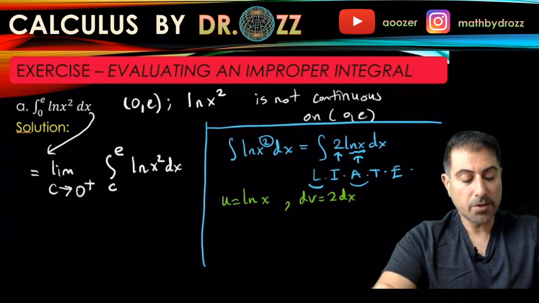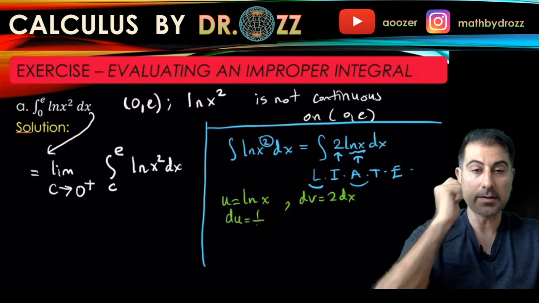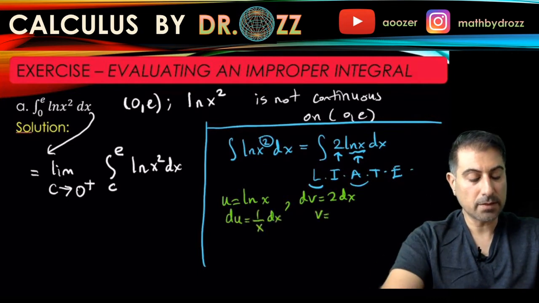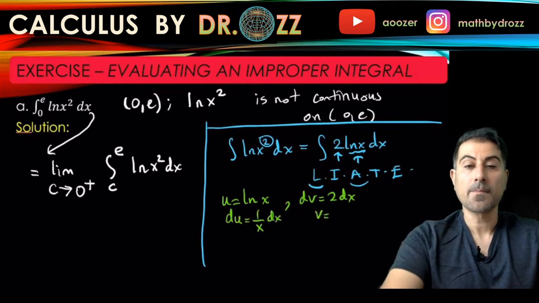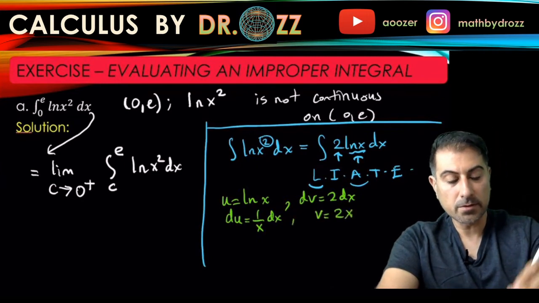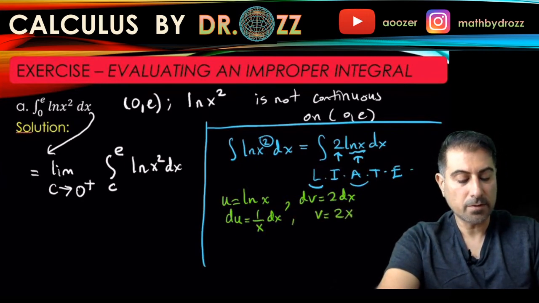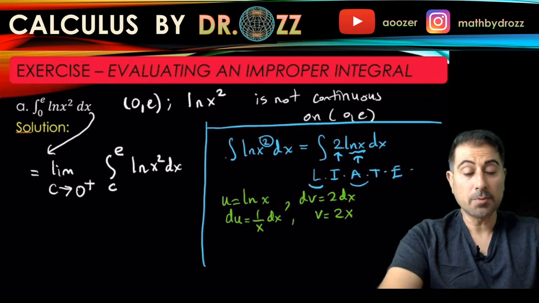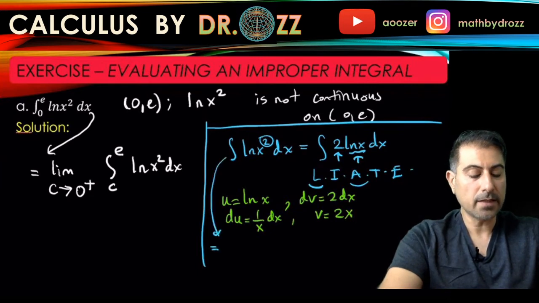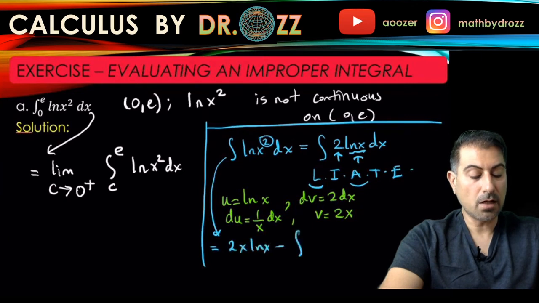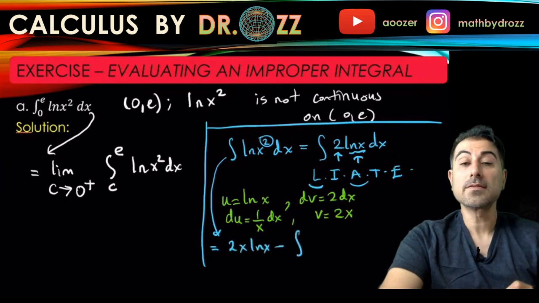For this, I need du. That's 1 over x dx. And v is the antiderivative of 2. That is 2x. All right, this integral turns out to be uv, so 2x ln x minus the integral of v du, which is just 2 dx.